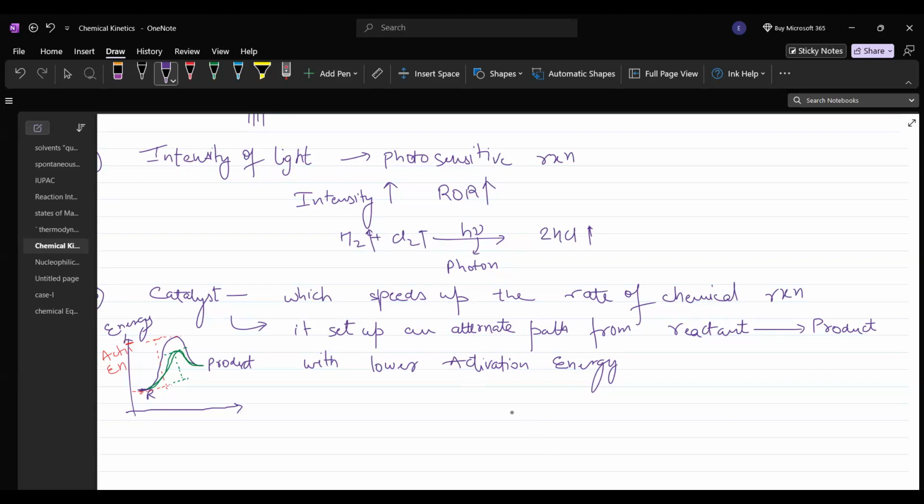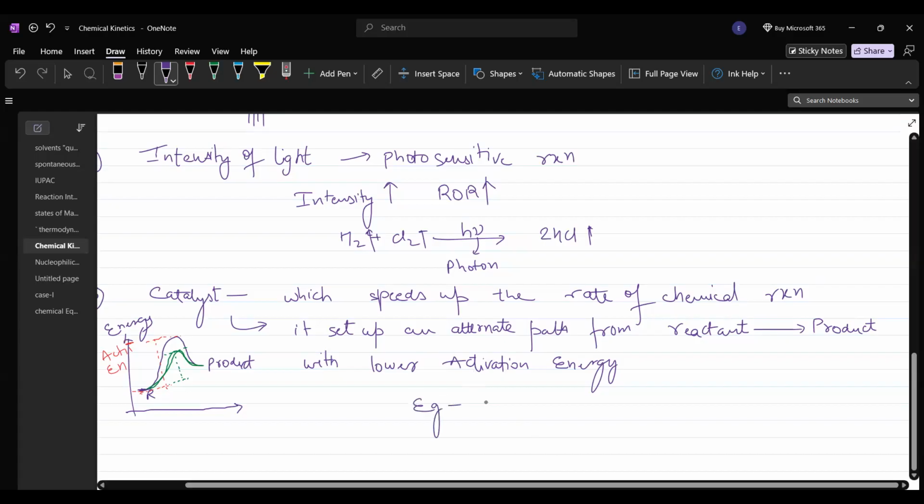Any question? Okay. So this is an example. You can leave the example if you want. NO is acting as a catalyst here. That is why you will not see NO in the product side.